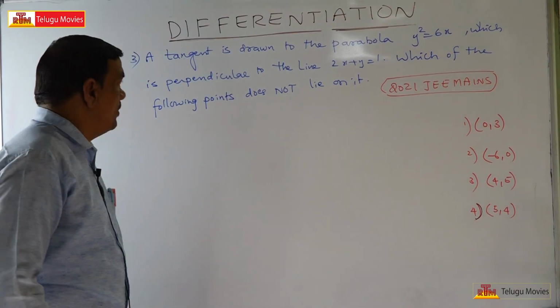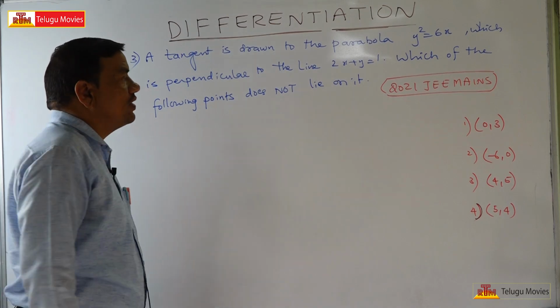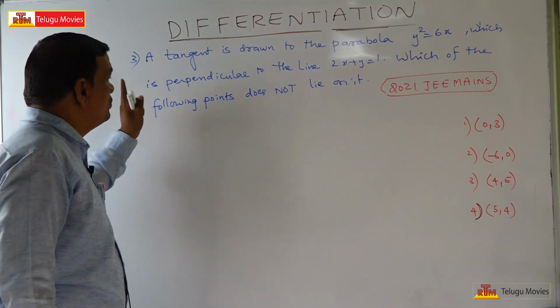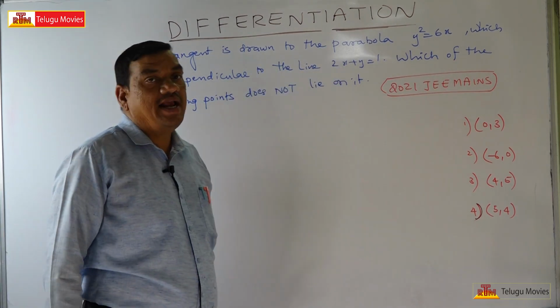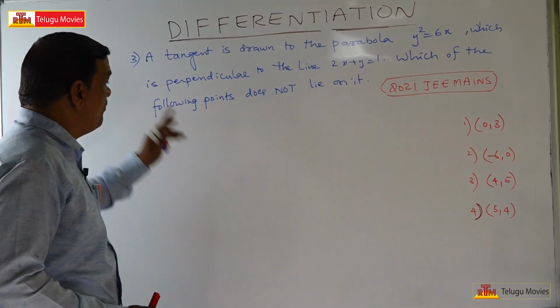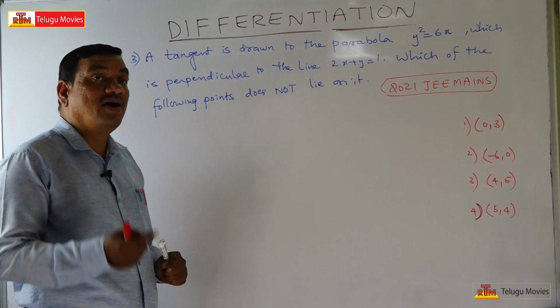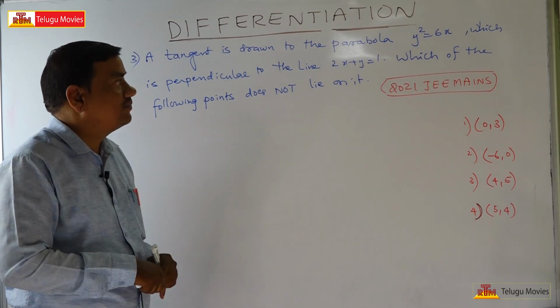Welcome to the third problem. A tangent is drawn to the parabola y square is equal to 6x, which is perpendicular to the line 2x plus y is equal to 1. Which of the following points does not lie on it? Does not lie on it means on the tangent.